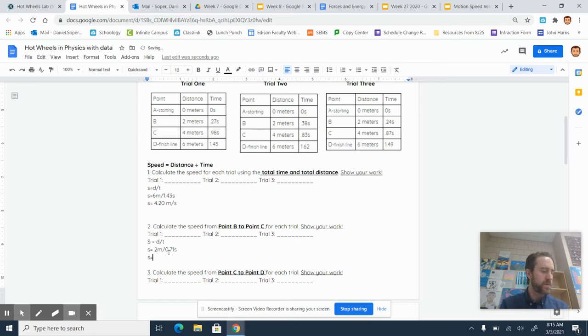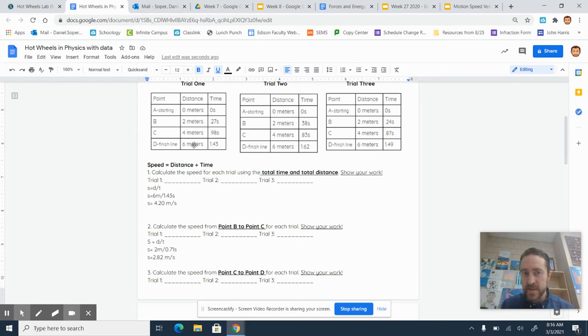Speed equals 2 meters divided by 0.71 seconds. My speed at that point was 2.816, which I'm going to round to 2.82 meters per second. The third one is point C to D, so you do the same thing.